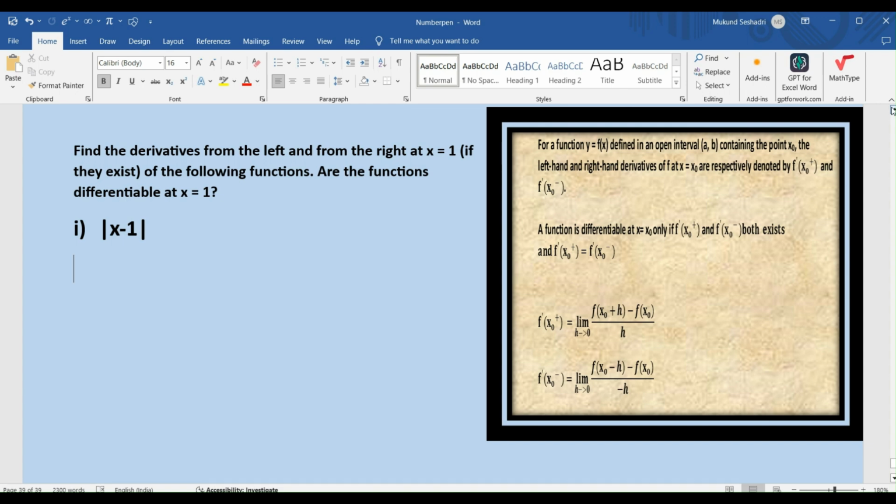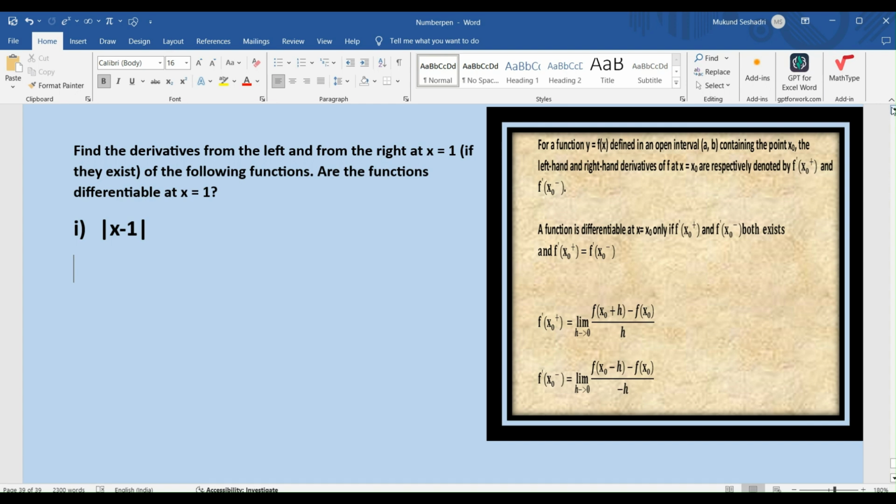So drawing your attention to the conditions for differentiability, which I have put up on the right of our screen. Like we saw in our previous video, a function is differentiable at x equal to x naught only if f dash of x naught plus and f dash of x naught minus both exist and both are equal, right?